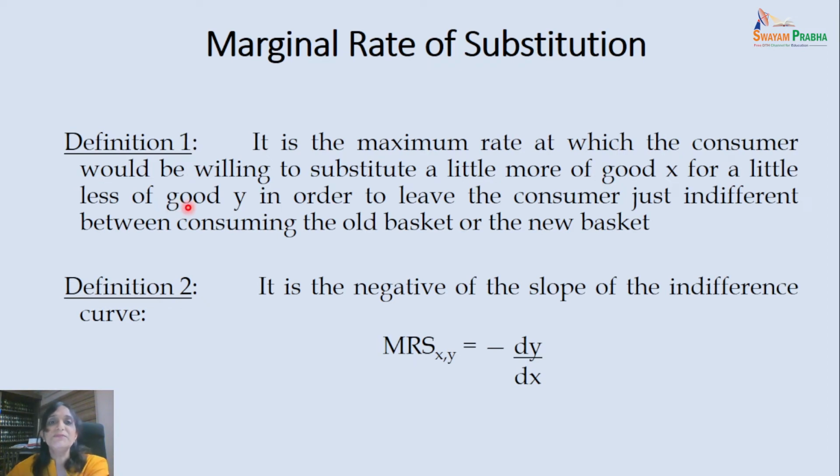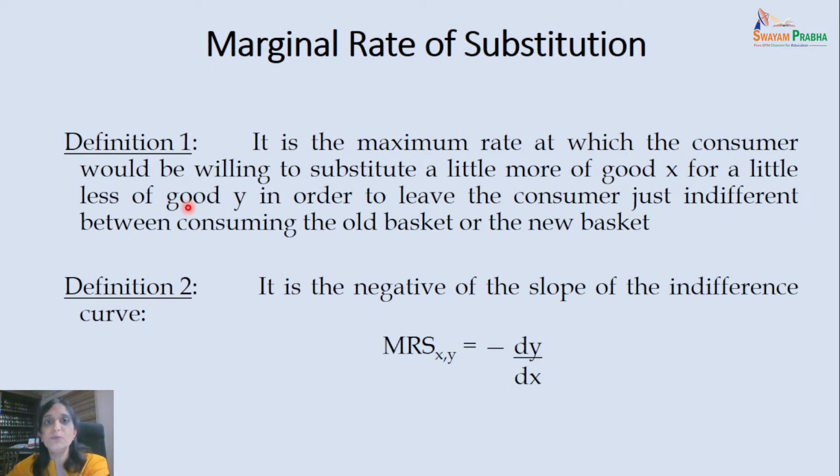That is, if a consumer is saying, I want more of X. Let us say we have already said he is consuming two goods X and Y, or let us say apples and oranges, or any good you can assume. So if I am consuming X and Y, I want a little more of X. Give me some more of X. Now if I want some more of X, I say okay, because you are giving some more of X, take some Y from me.